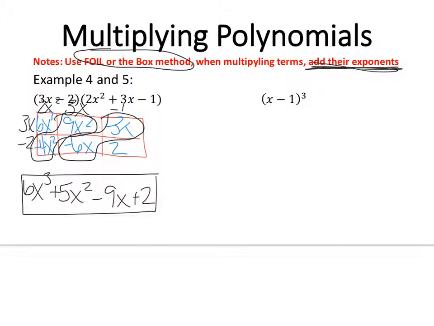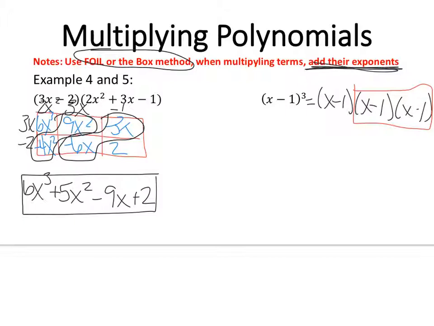On the other example, I have x minus 1 all to the third power. So this means I have x minus 1 and I'm multiplying it 3 times. With polynomials, you could be multiplying multiple things together. When you are multiplying multiple things together, I'm going to tell you to only focus on 2 at a time.